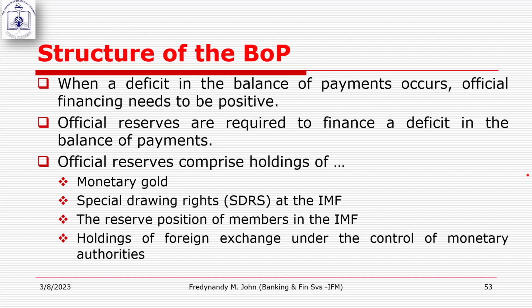The IMF allocates some special drawing rights to its member countries, usually on a quarterly basis. However, that can change. That being in place, a country can run to the IMF and use the special drawing rights to finance its deficit.